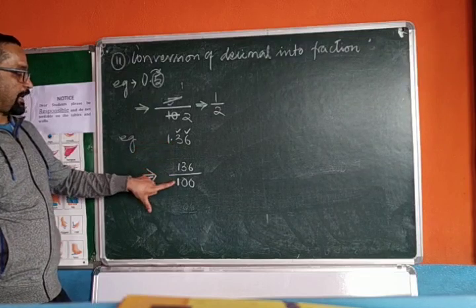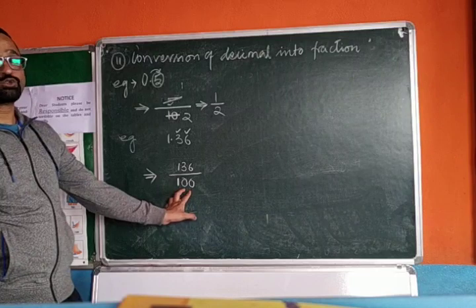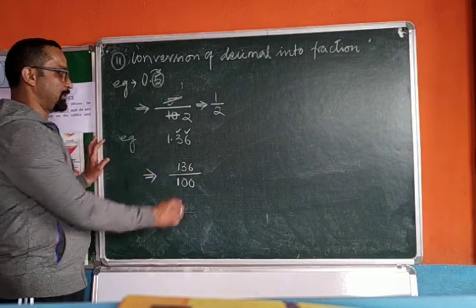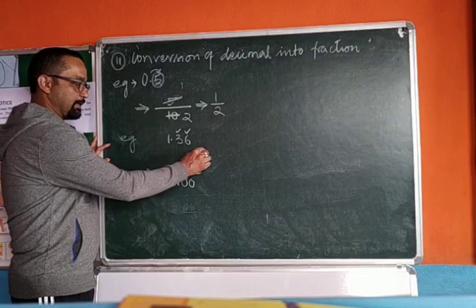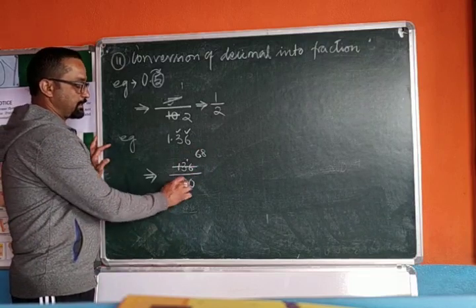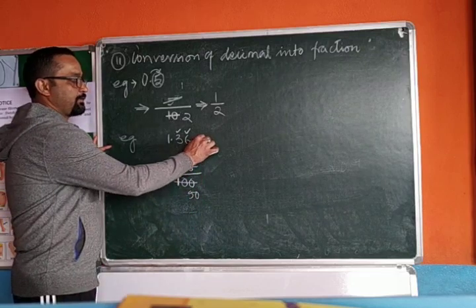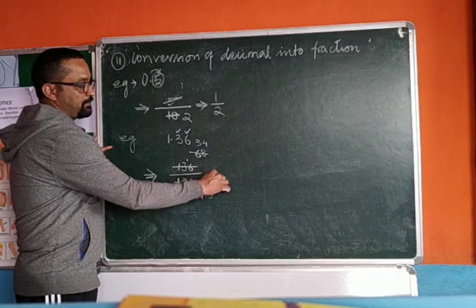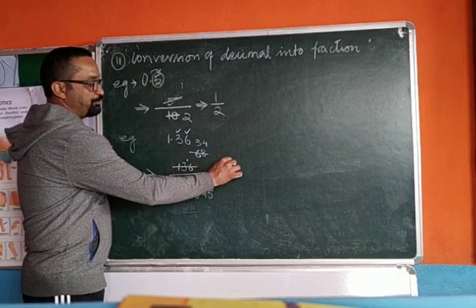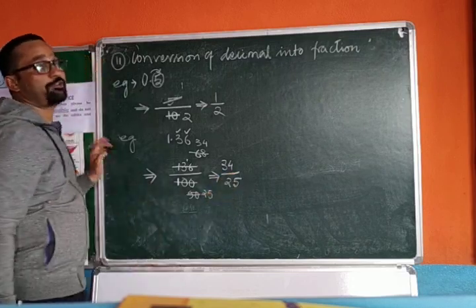Now reduce it. 2 6 times 12, 1 is left. 2 8 times 16. 2 50 times, 34. 25. So the reduced value, smallest fraction, is 34 divided by 25.